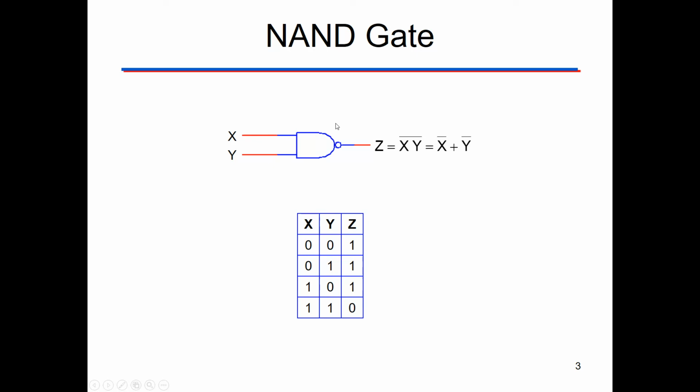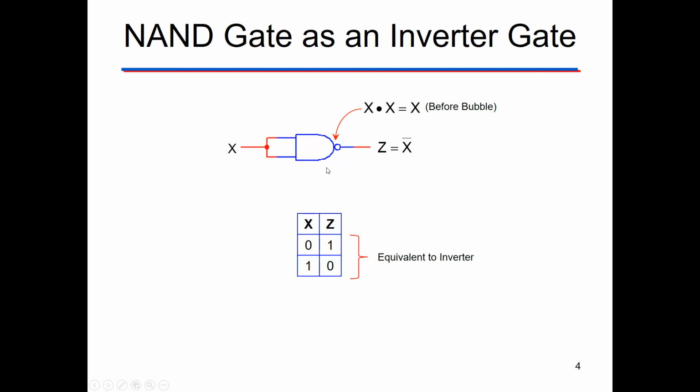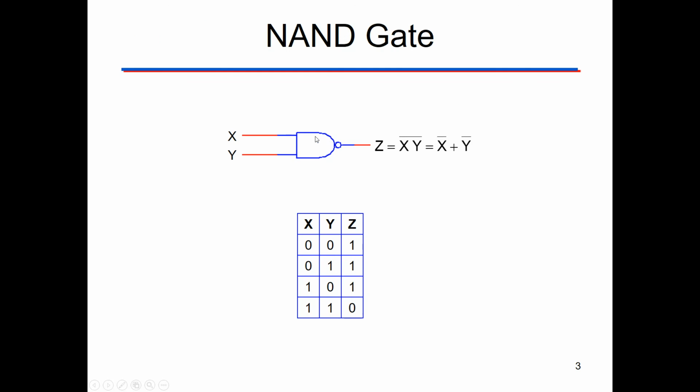So, a NAND gate as an inverter gate. Okay, I guess this is just reviewing what the truth table for a NAND is, not an AND. So instead of 1, 0, 0, 0, it's 0, 1, 1, 1, not AND. Okay, and of course that is one of De Morgan's rules. That's where NAND and NOR come from, is De Morgan.